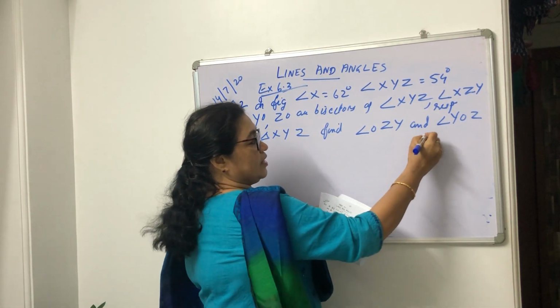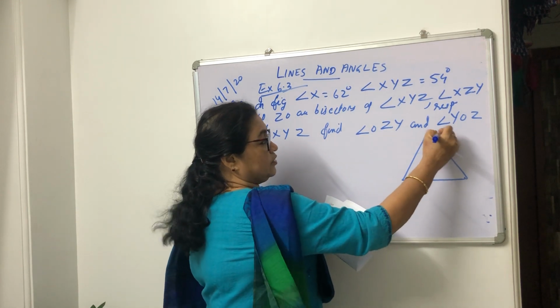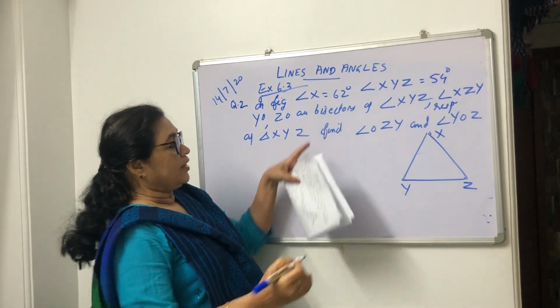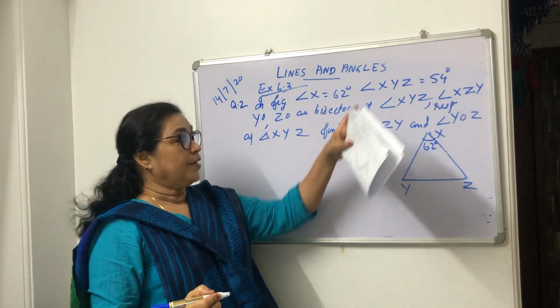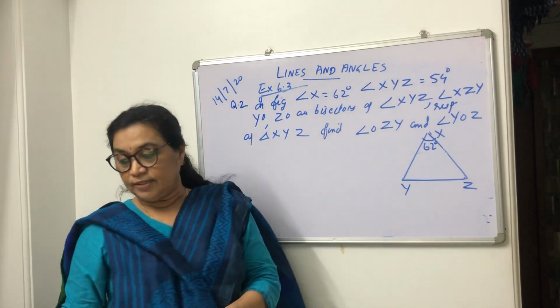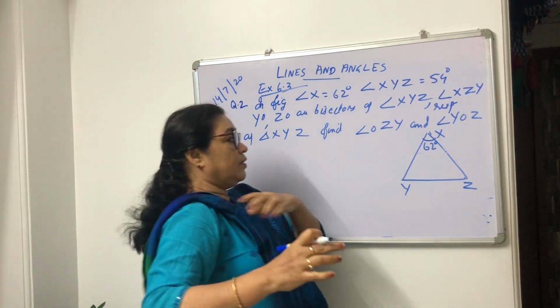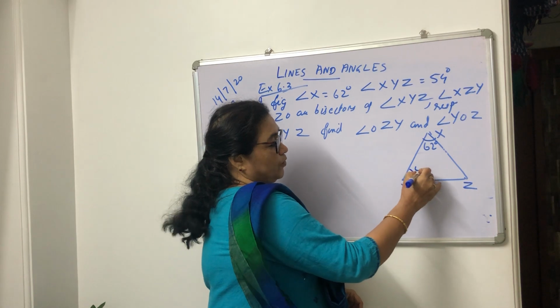So, triangle XYZ, angle X is 62, then angle XYZ, this angle is 54.